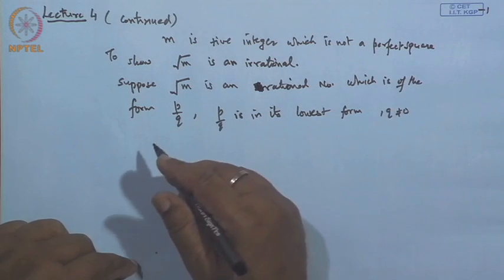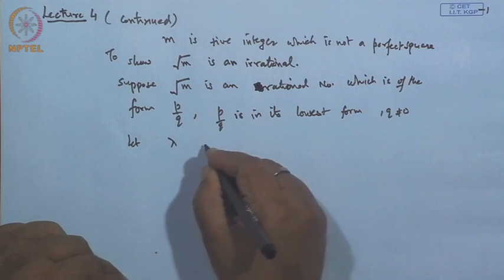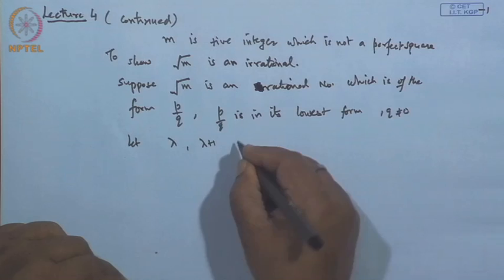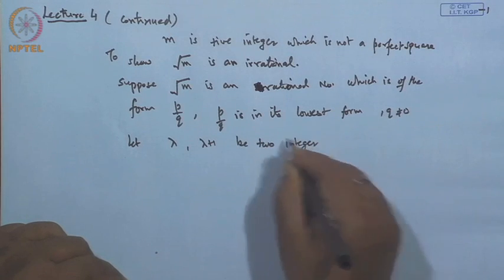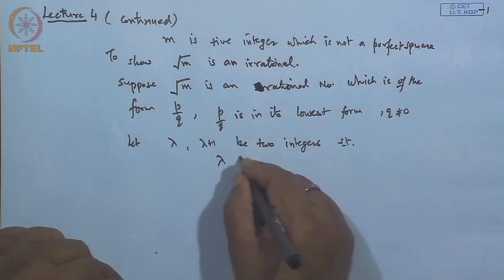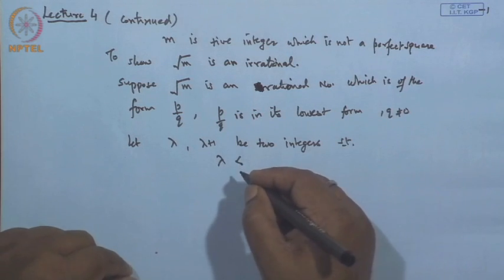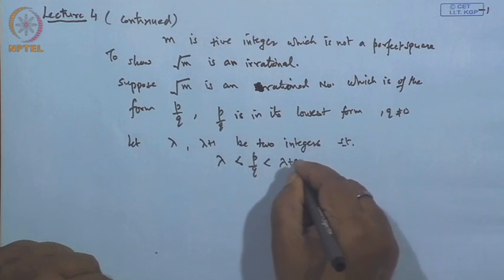So, we can identify the two integers between which this number will lie. Let lambda and lambda plus 1 be the two integers such that lambda is less than p by q, which is less than lambda plus 1.